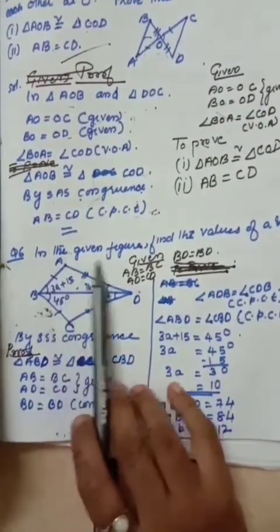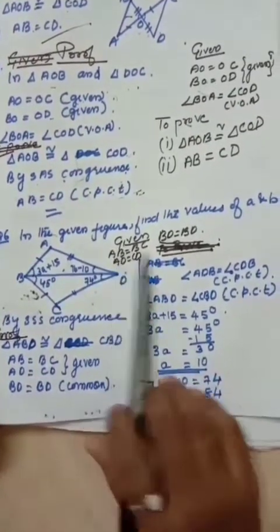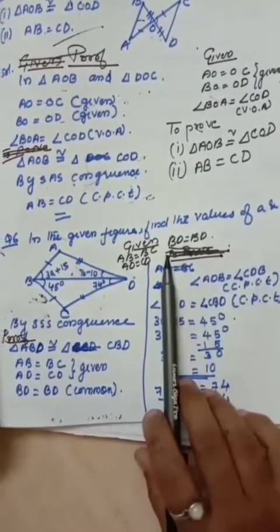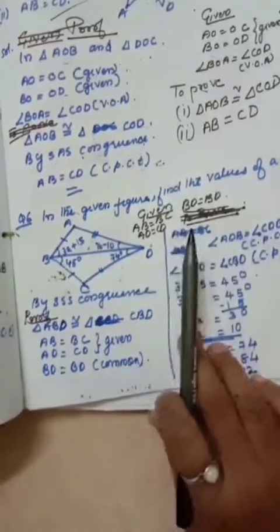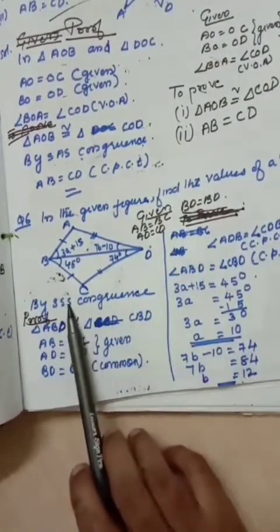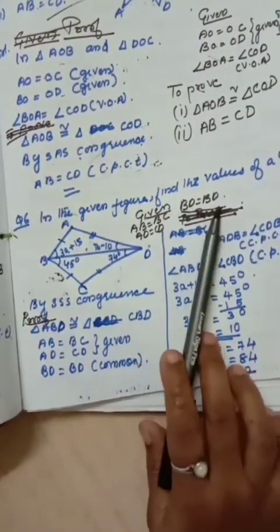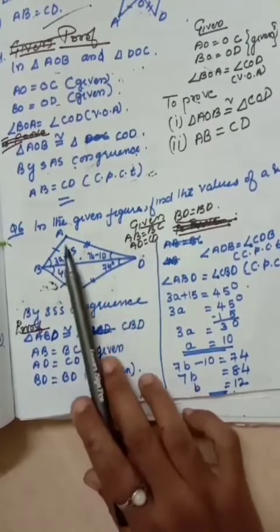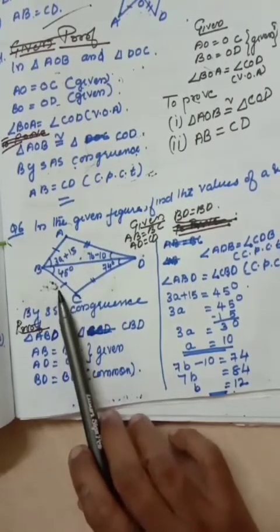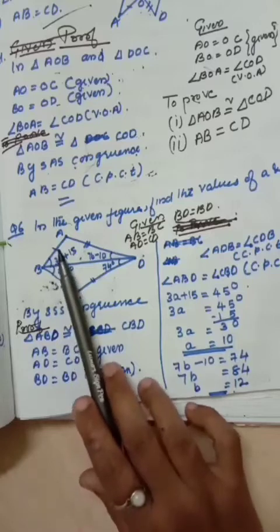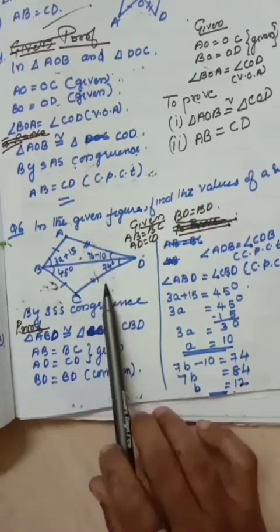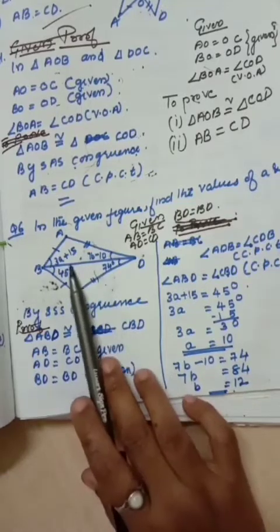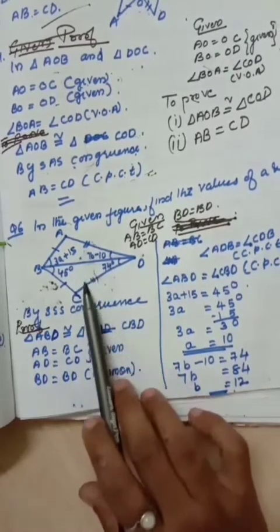Next, in the given figure, find the value of A and B. Here no need of given and prove. Even then, if you are writing also, okay. See, given AB equal to BC, these two sides are equal. See, sign also given, double line, these two sides are also equal. This side is common for both the triangles.